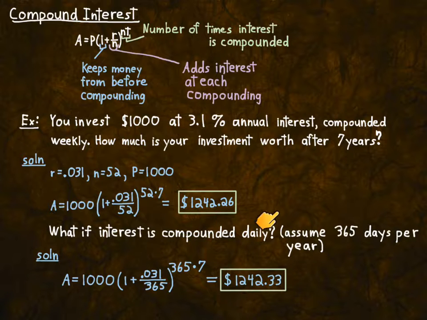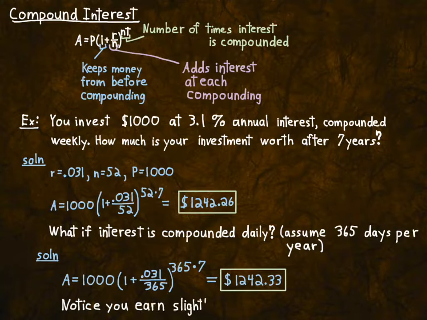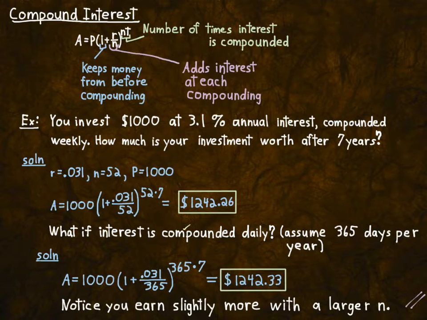So with this interest rate for 7 years and with $1,000 invested, if I compound daily, I make 7 cents more. Okay? It's not huge. So I wrote that out so you can read it on your PDF when you review this.